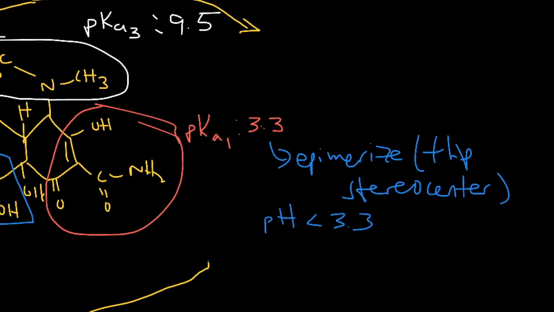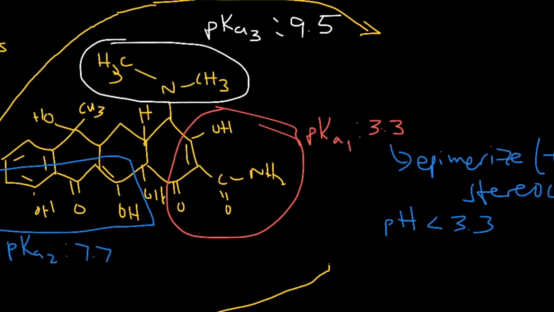So if you get less than 3.3, you epimerize, or flip the stereocenter of carbon 4, which is this carbon right over here.